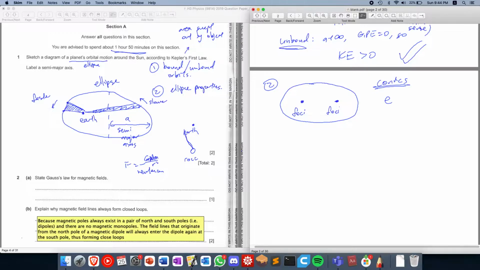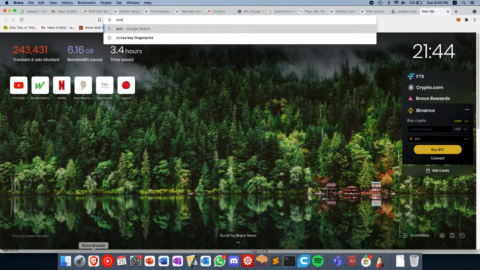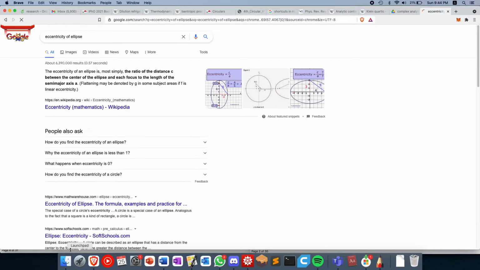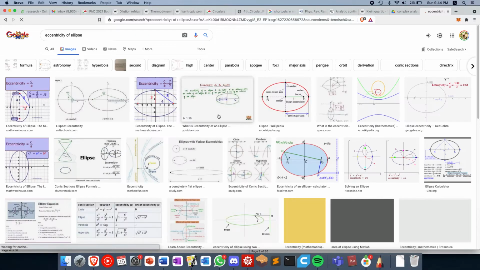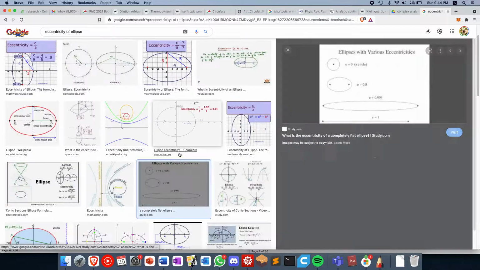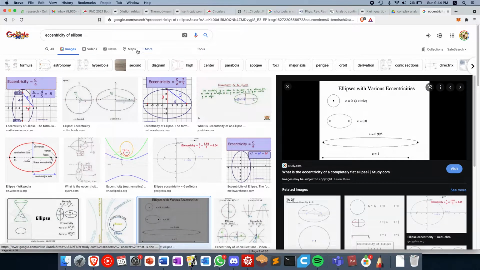I believe that the eccentricity of an ellipse is less than 1. Eccentricity denotes how flattened the ellipse is. So yes, the eccentricity is always less than 1.